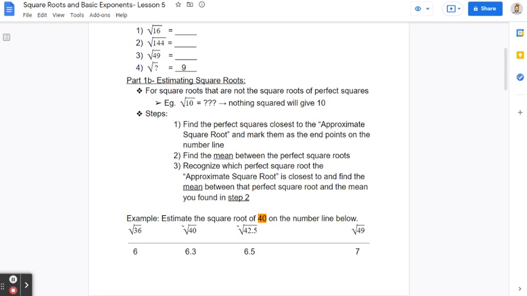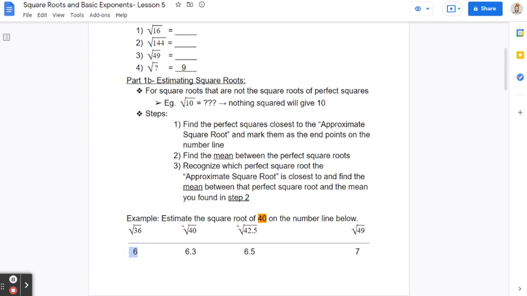But two numbers that are closest to 40, that are perfect squares, could be 36 and 49. The square root of 36 is 6 because 6 to the power of 2 is 36. And 49 is another one that's closest to 40 because the square root of 49 is 7.